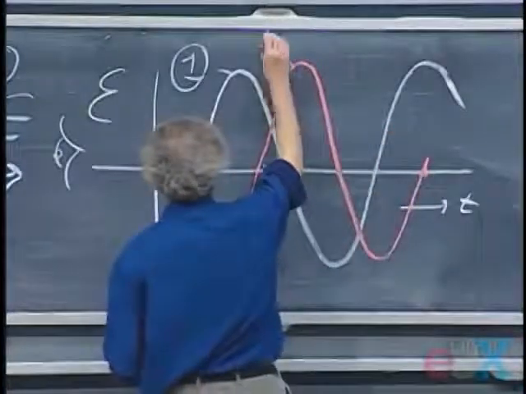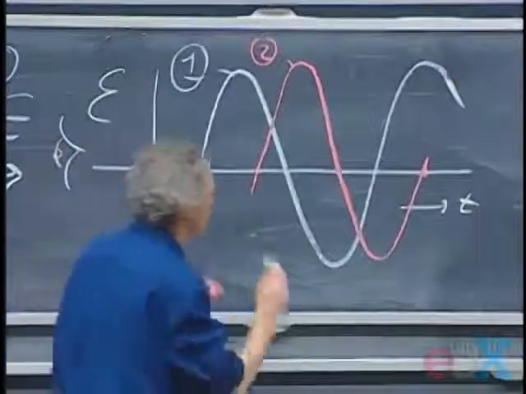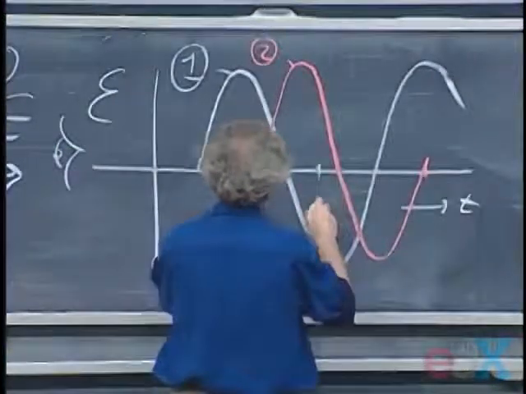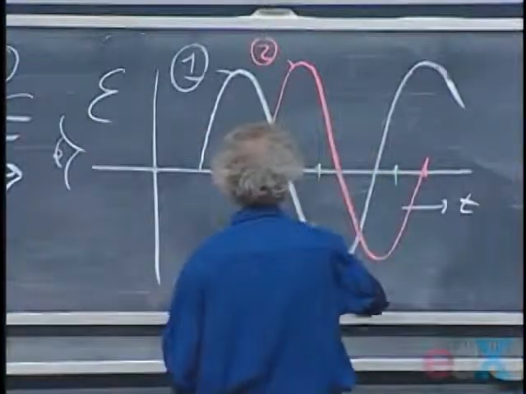So this is loop number 2. It comes a little later in time, and number 3 will again be offset, will look like this.